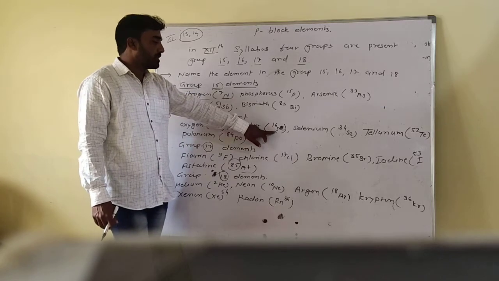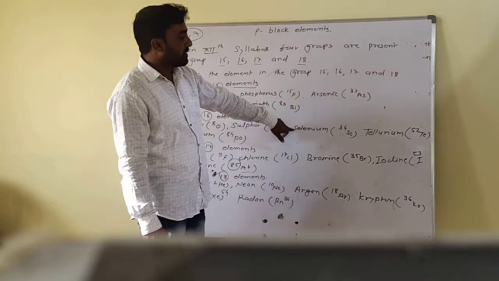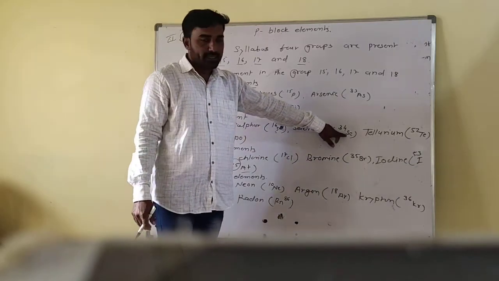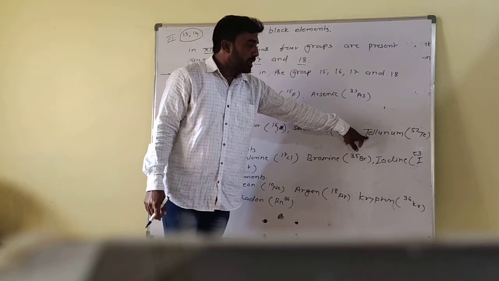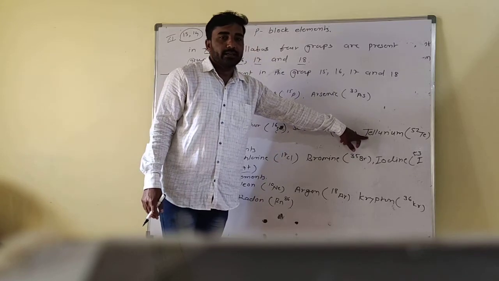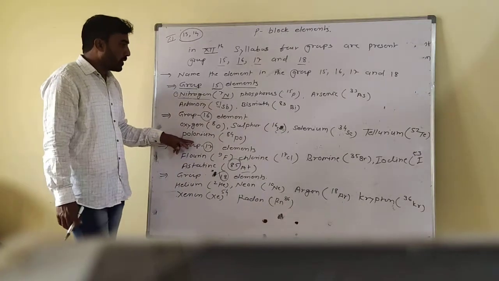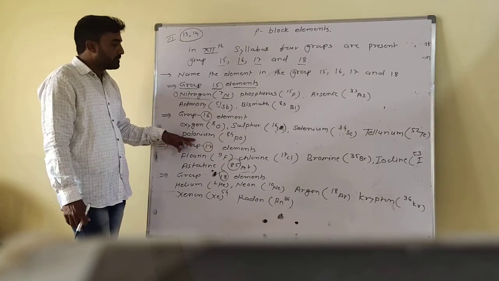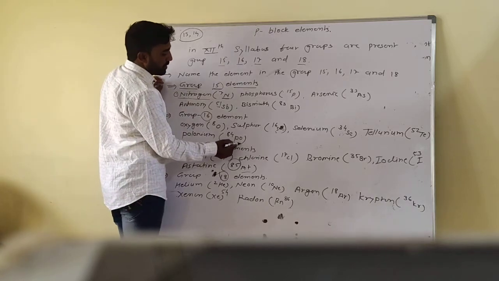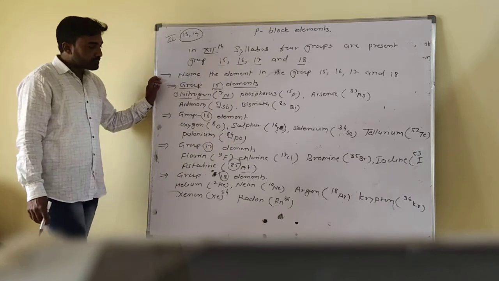Sulfur has symbol S, atomic number 16. Selenium has symbol Se, atomic number 34. Tellurium has symbol Te, atomic number 52. The fifth element is polonium, symbol Po, atomic number 84.